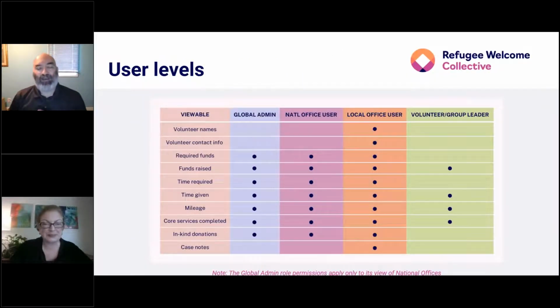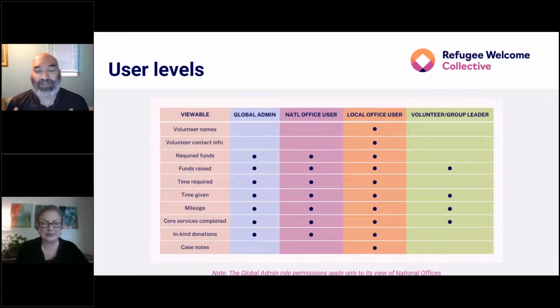I wanted to talk about how there are different levels. There is the volunteer group leader level. There's the local office. So this is CWS Lancaster or Highest PA or any number of the local offices.